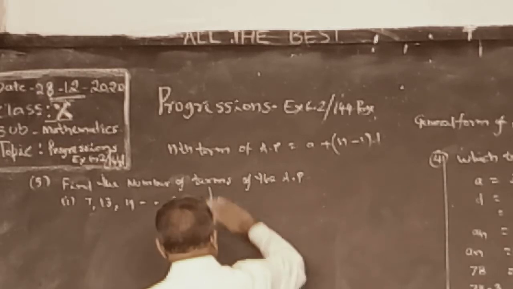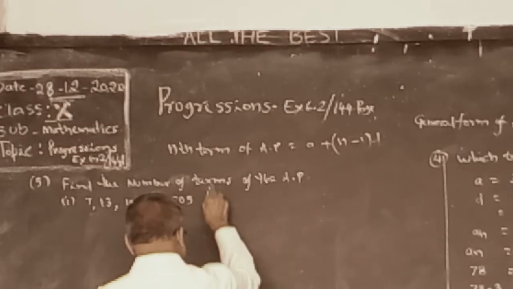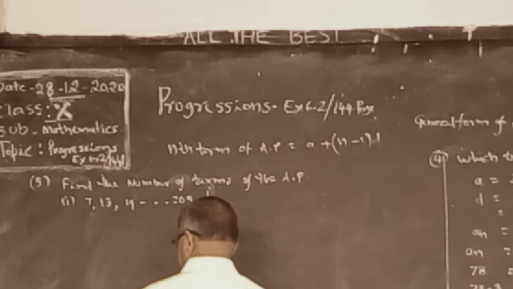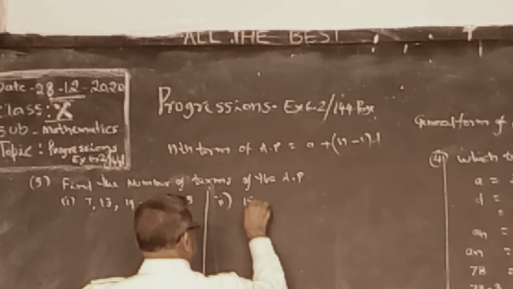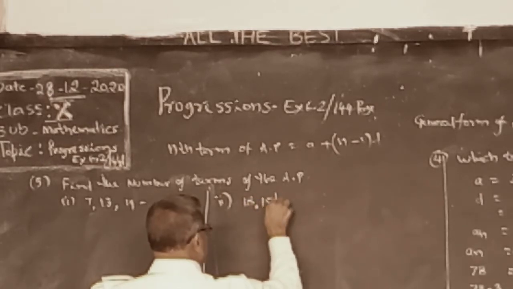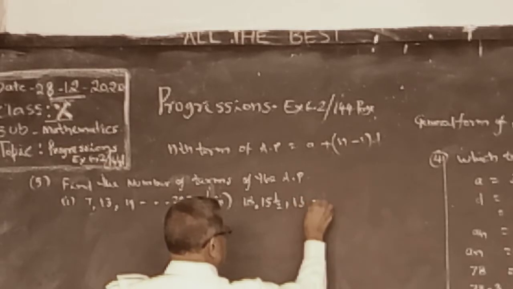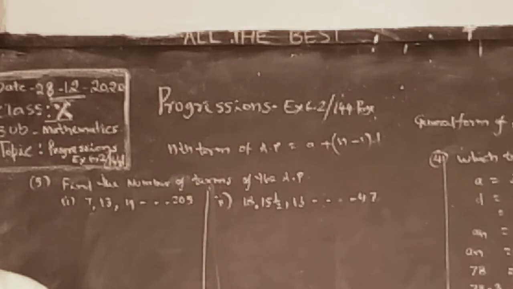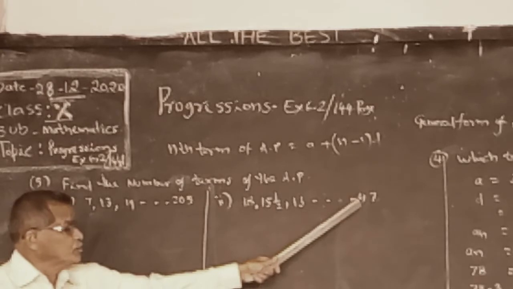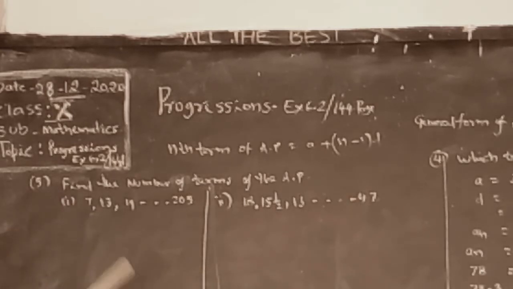Second: 18, 15 and a half, 13, dash dash, minus 47. Here the series is given, and the last term is given. We have to find how many terms are there from 7 to 205. We have to find n, same as the fourth problem.